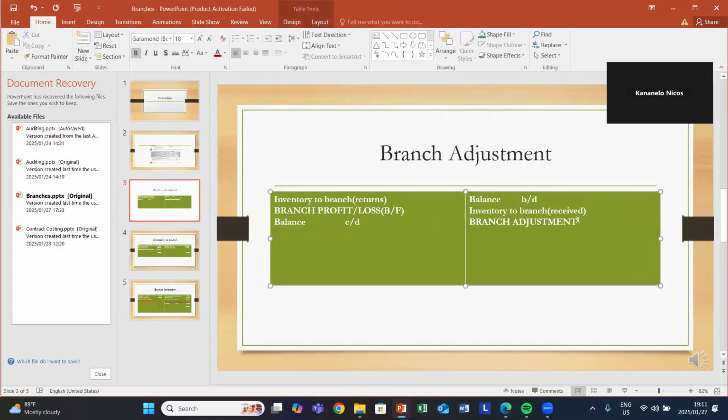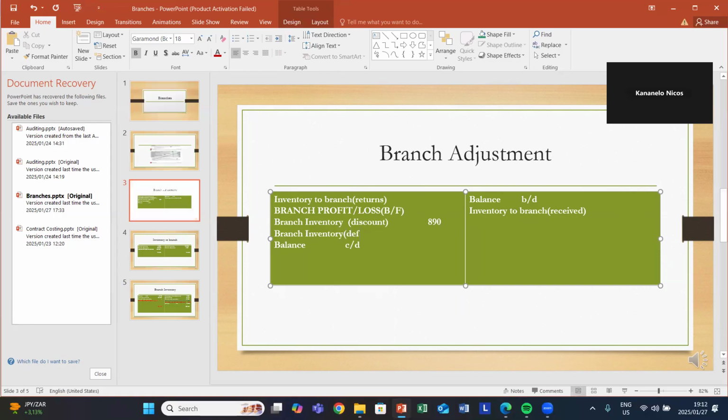Normally, when we did a branch adjustment, on the credit side we'll write branch inventory. The first branch inventory is that discount. We'll write discount of 890. And then the second one is what? Branch inventory, which is our deficit.